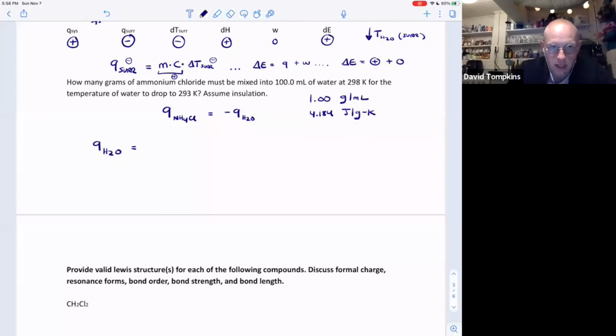So the heat of water would be the mass of water, which is 100 grams since it's 100 milliliters, multiplied by 4.184 joules per gram degree Kelvin. And we want it to drop. So the final temperature is lower than the initial temperature.